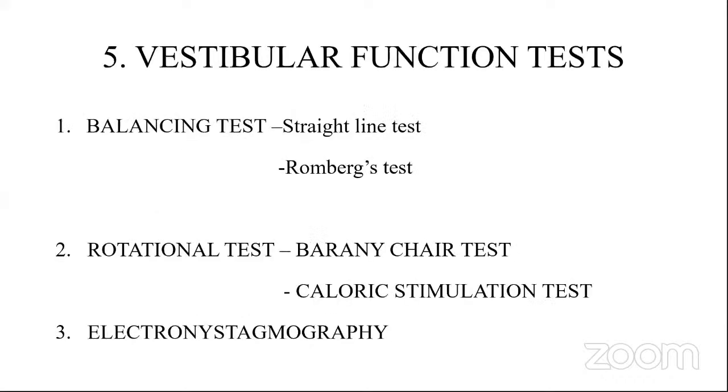Now coming to vestibular function tests. The first is the balancing test: one is the straight line test, and the second is the rhombus test. In the straight line test, the person is asked to walk in a straight line, and after reaching a point, he is asked to turn back and walk in return.